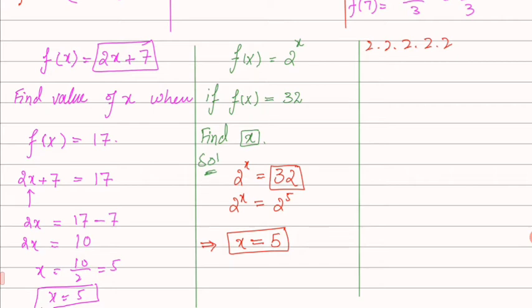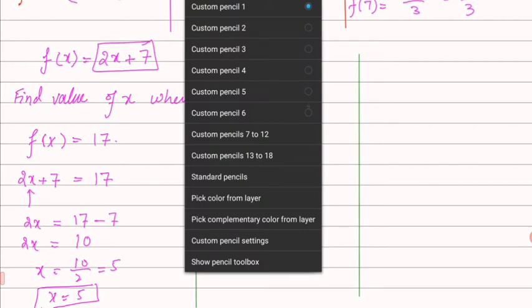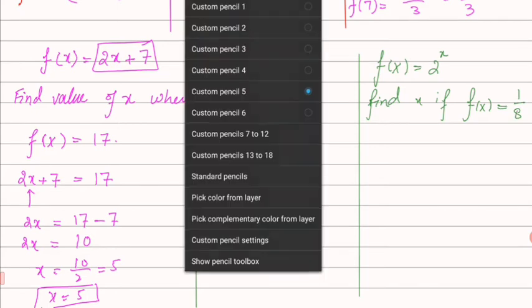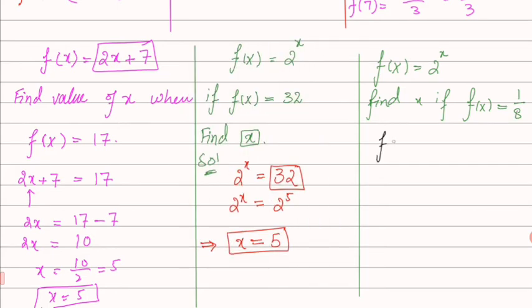For instance, with the same case, if I get f of x is equal to 2 power x, and find x if f of x is equal to 1 divided by 8. So simply we are going to put f of x is equal to 2 raised to the power x.